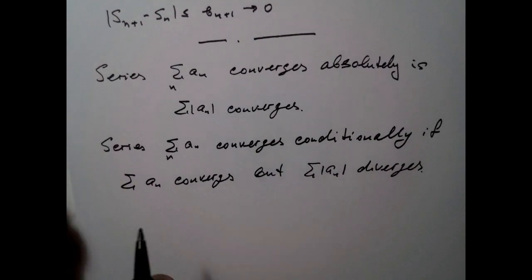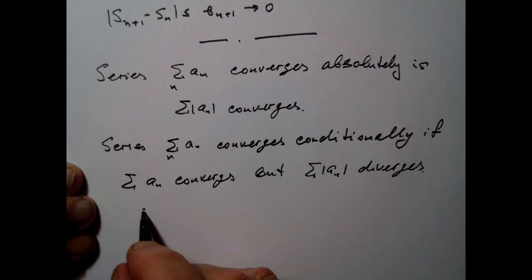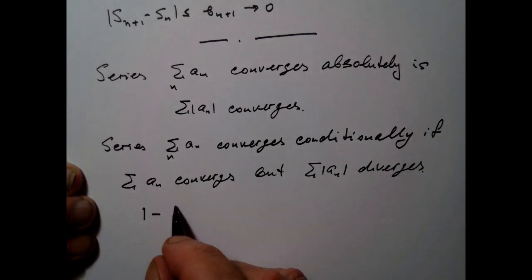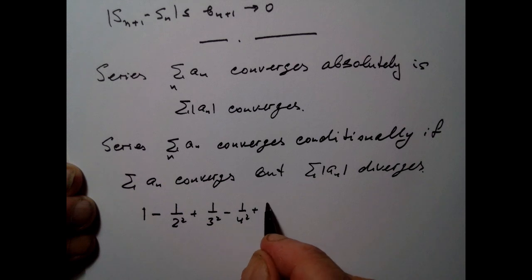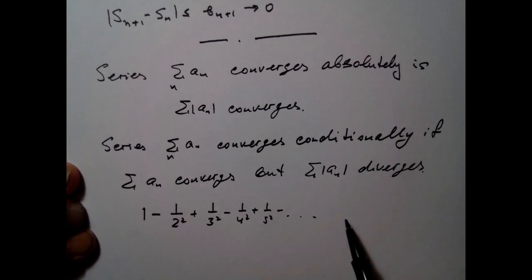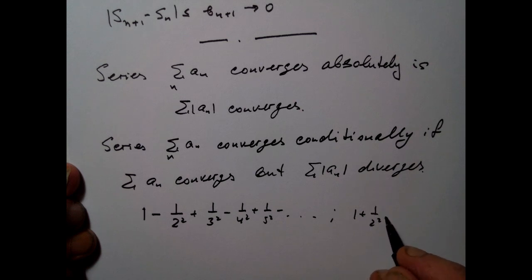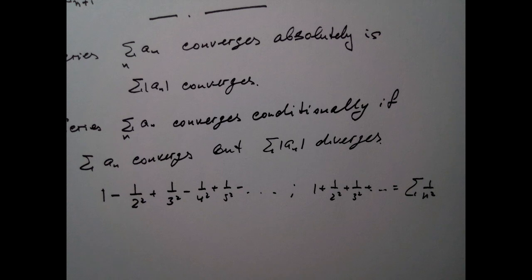So for instance, the series 1 minus 1 over 2 squared plus 1 over 3 squared minus 1 over 4 squared plus 1 over 5 squared minus etc. converges absolutely, because the series with absolute values will be 1 plus 1 over 2 squared plus 1 over 3 squared plus etc., which is the series sum of 1 over n squared, and we know from before that this series converges.